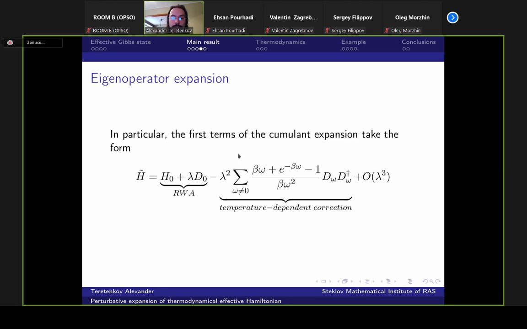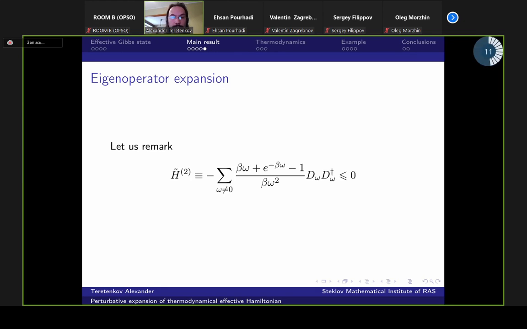And the second order term is the first non-trivial temperature dependent correction. So the zero and first terms of the perturbation theory are temperature independent, and here is the first temperature dependent correction.